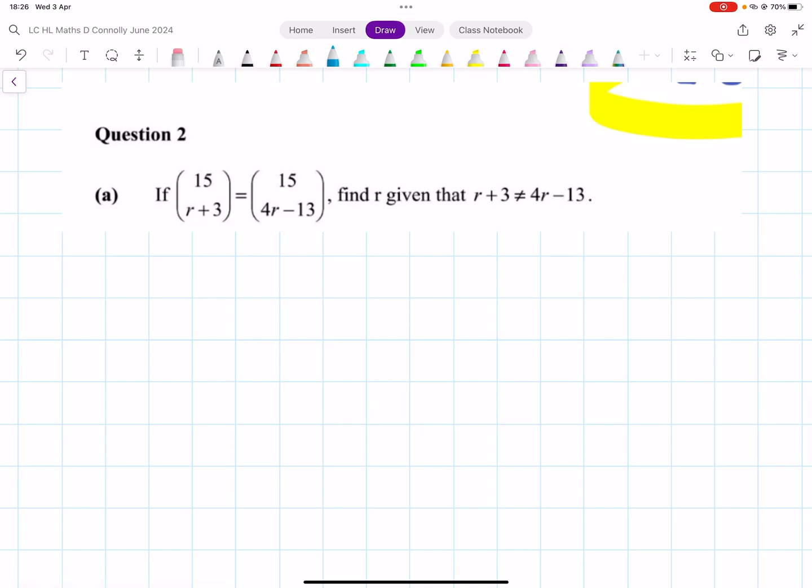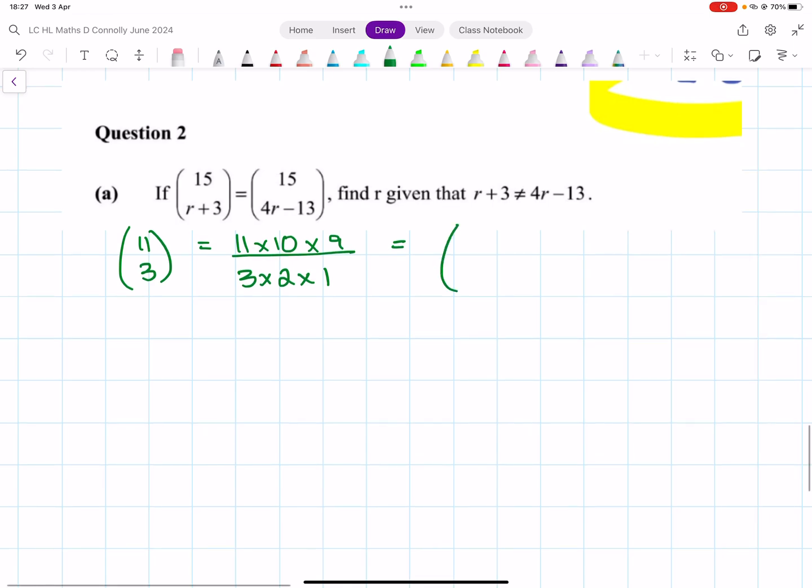Oh, it's clever. So this one is based on the choose notation, but if you had 11 choose 3, that would be 11 go down 3, so it would be 11 by 10 by 9, and 3 go down to 1, which is 3 by 2 by 1. Whatever that is. Now, that's the same as 11 choose 8.